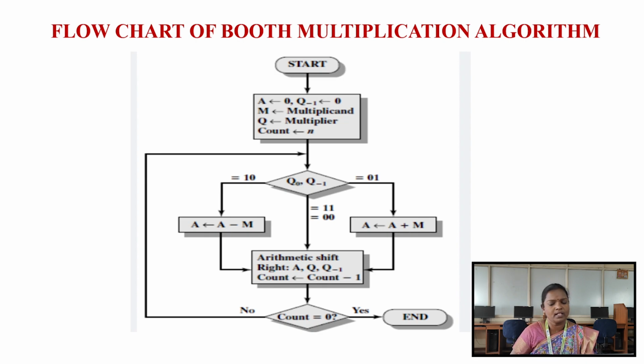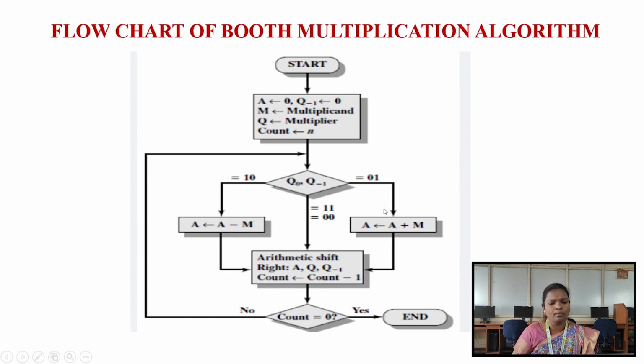After loading the multiplicand, multiplier and the initial values, we are going to check the condition. The condition is when Q0 and Q minus 1 is 1 0 or 0 1. When Q0 and Q minus 1 is 1 0, we are going to perform the subtraction operation. And when Q0 and Q minus 1 is 0 1, we are going to perform the addition operation.